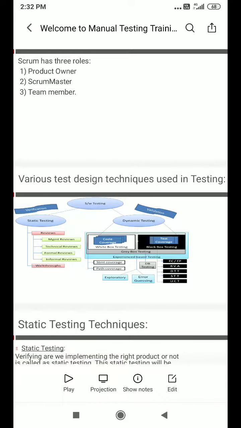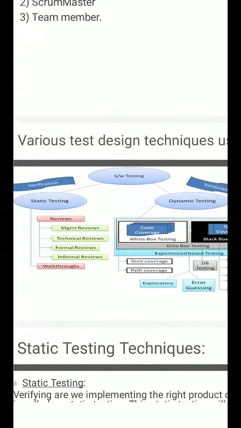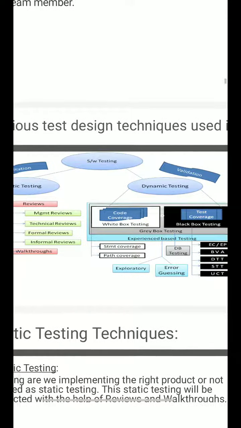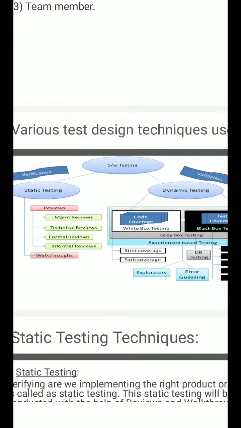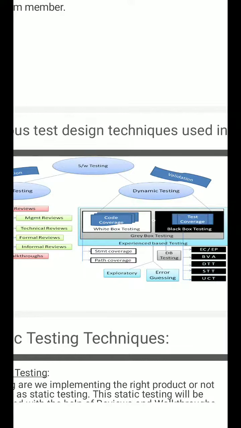Here you can see in this diagram, static testing is also called verification, while dynamic testing is also called validation. There is a difference between these two testing types. Today we are only focusing on white box testing, and we will try to understand what that means.